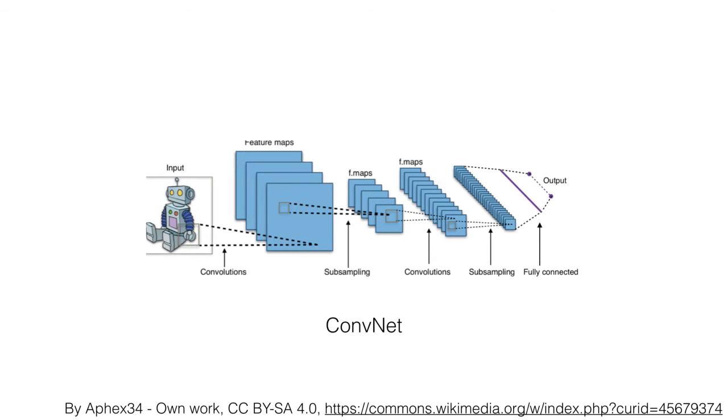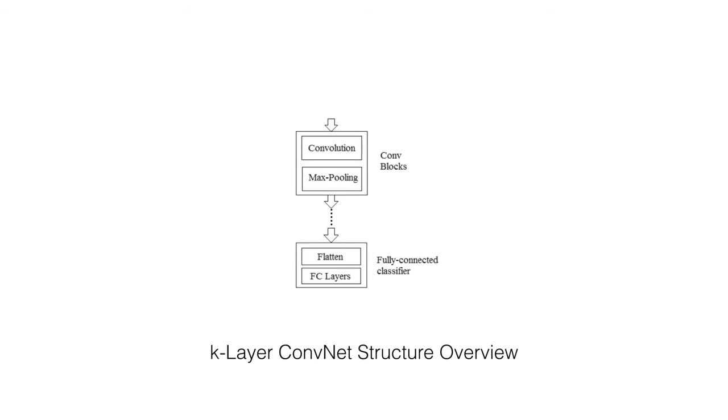To get an input image through a ConvNet, the general process is as follows. First, we conduct convolution and subsampling several times, and then through a fully connected layer, we get the classification output. A typical K-layer ConvNet structure is shown above.